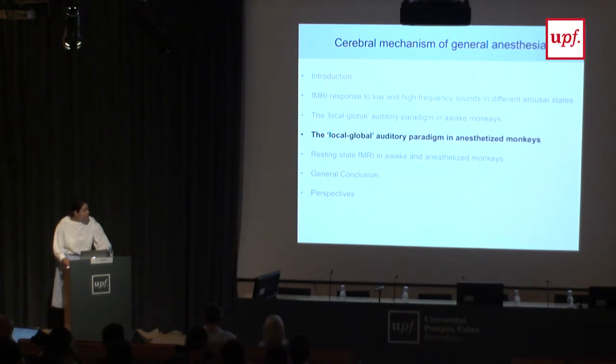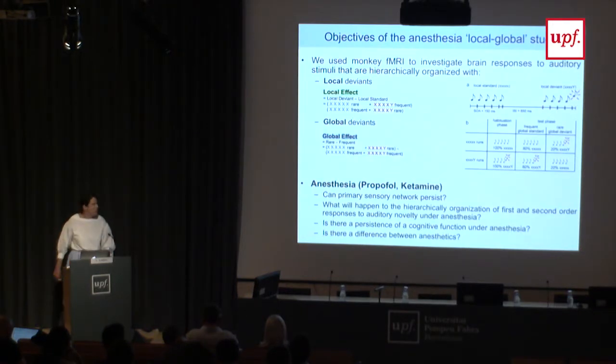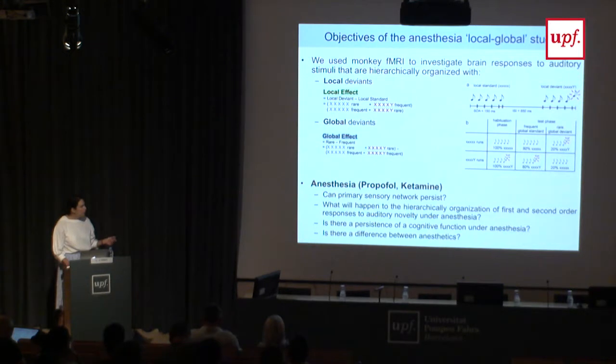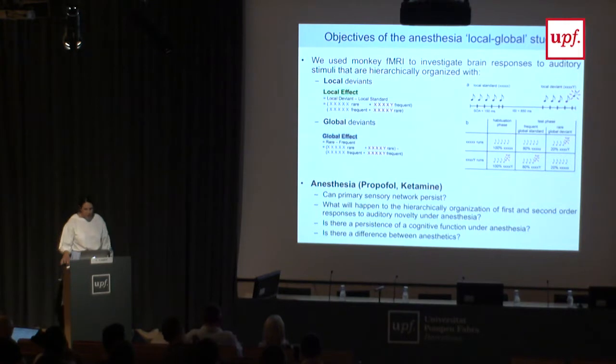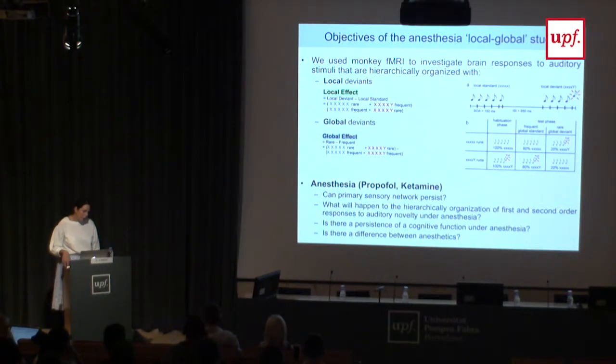So what we wanted to know was what happens under anesthesia, because one thing that could happen is a complete shutdown of the brain, where you see no activation at all. But I will show you that's not what happens under anesthesia. So the two anesthetics we used in the monkey were propofol, to have one anesthetic agent that enhances the GABA receptors in the brain, and ketamine, to have an inhibition of the NMDA receptors, because there's a theory that the feedback in the brain is based on NMDA receptors.